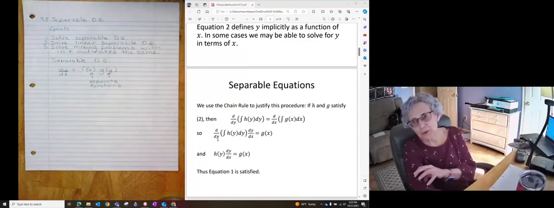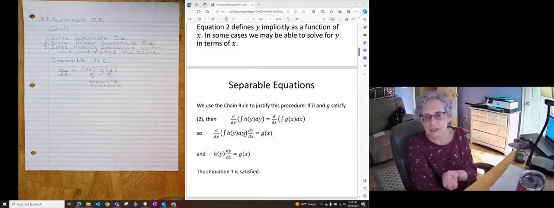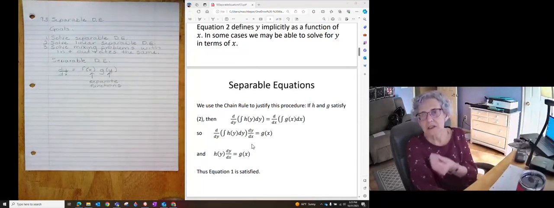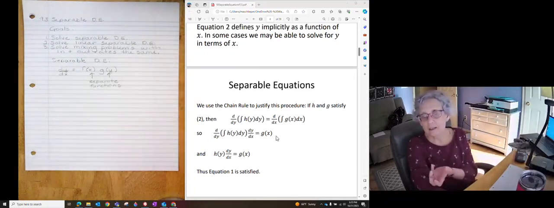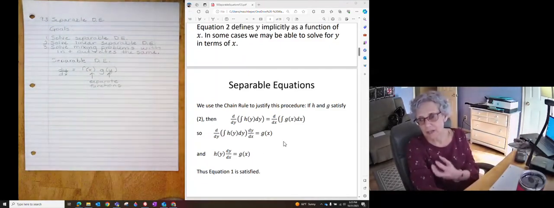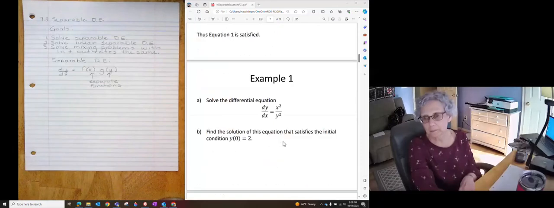But remember, this is a chain rule, so the derivative with respect to y of this is equal to this derivative times dy/dx is equal to g of x, a function with x's in it.